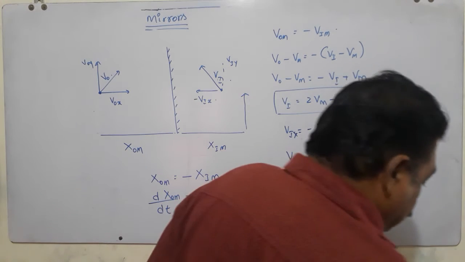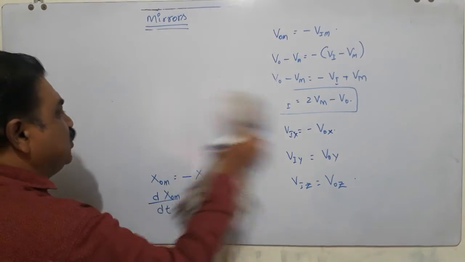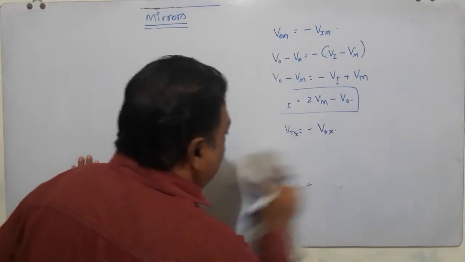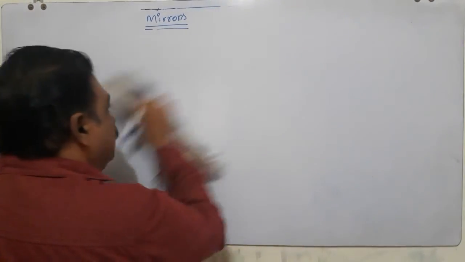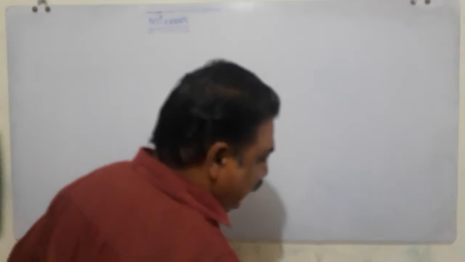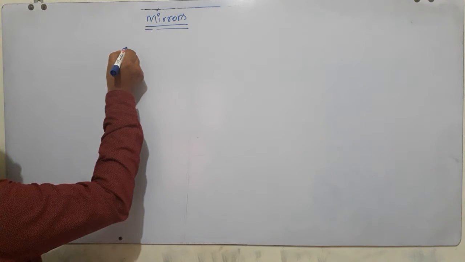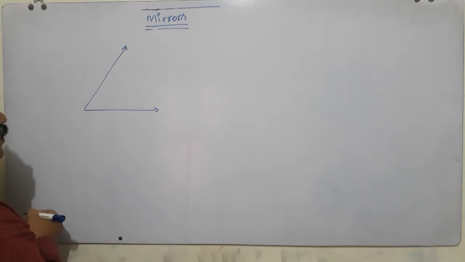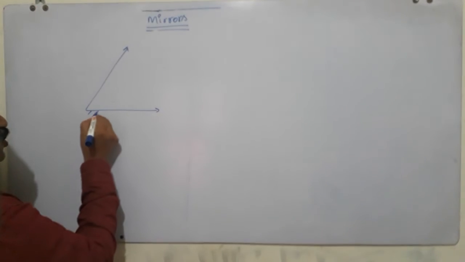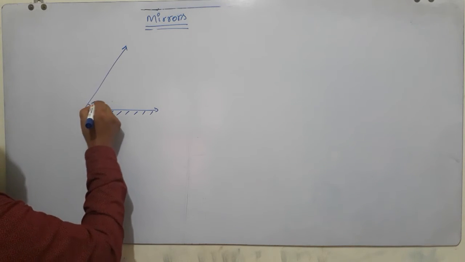And now, formation of a number of images by arranging two mirrors at an inclination theta. See, there is a combination of two mirrors which are inclined at an angle theta.